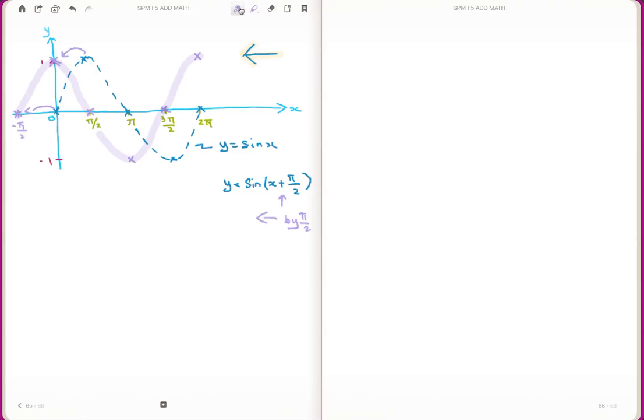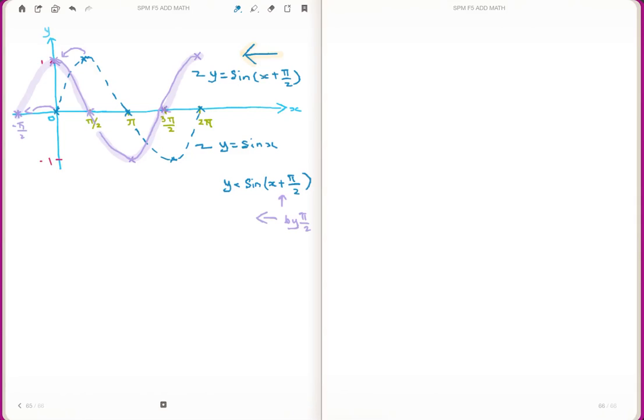But since our range is 0 to 360, my curve looks like a cos curve. So this is my equation y equals sine (x plus pi by 2), which is correct if you put an angle on it.